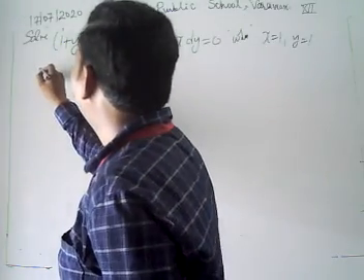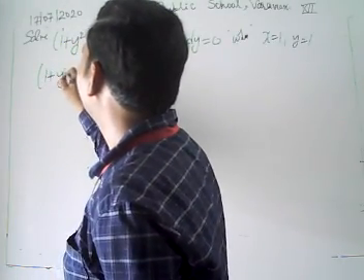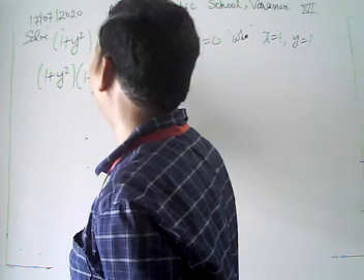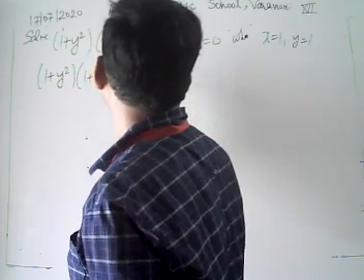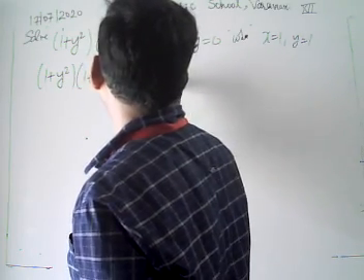First of all, we have 1 plus y square and 1 plus log x dx, then we take minus x dy.